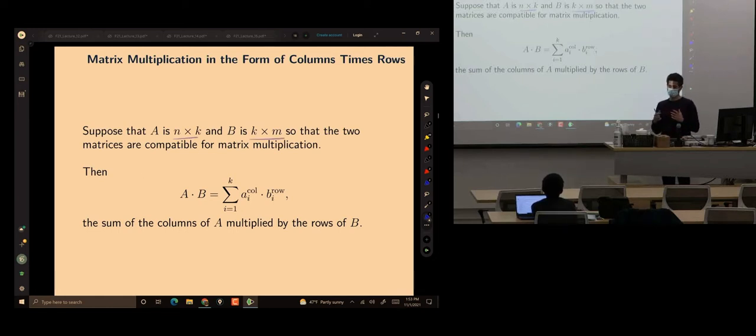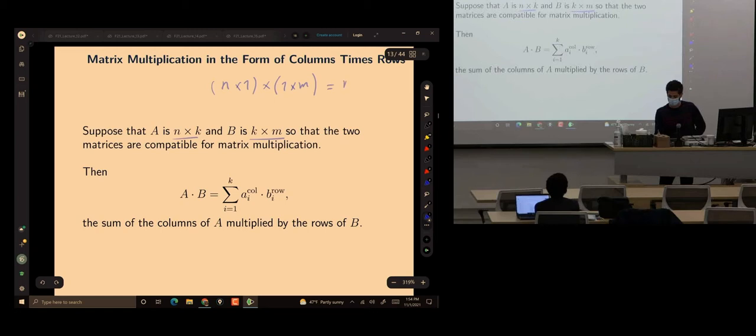You grab the first column of the first matrix A and multiply it by the first row of the second matrix B. That gives you a matrix because you're multiplying a column vector, n by 1, by a row vector, 1 by m.